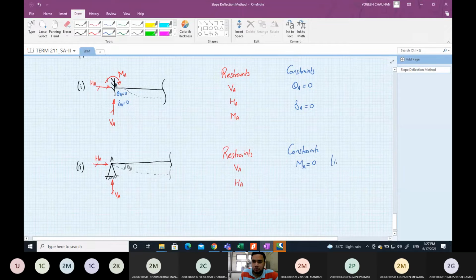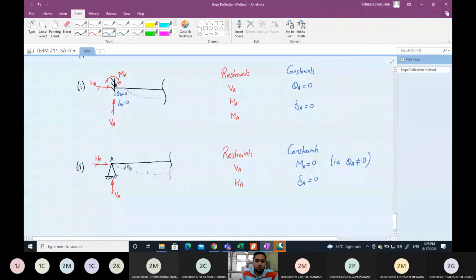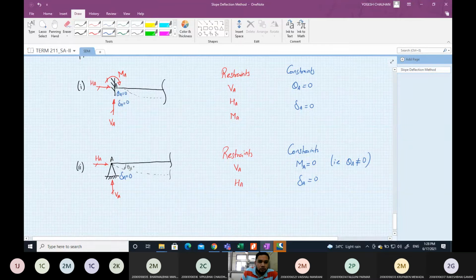That means your theta A is not 0, and second is delta A is equal to 0, because the deflection at this point will be 0 and this slope theta A is not 0.